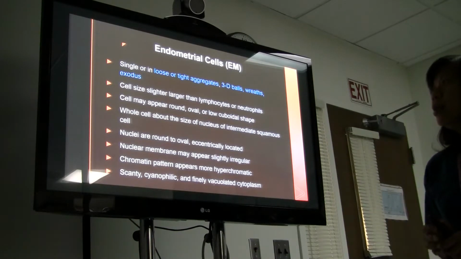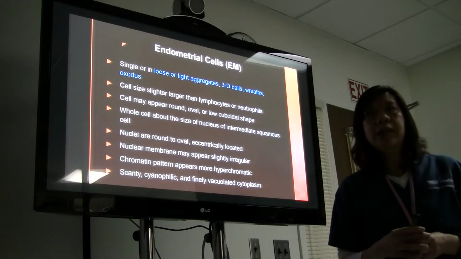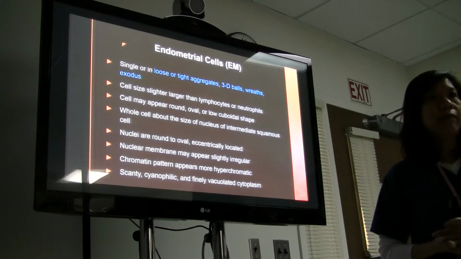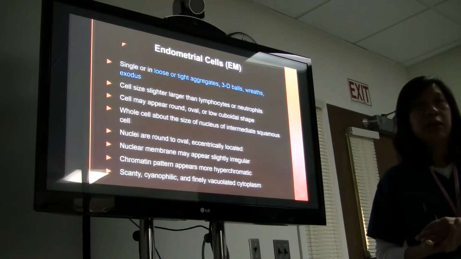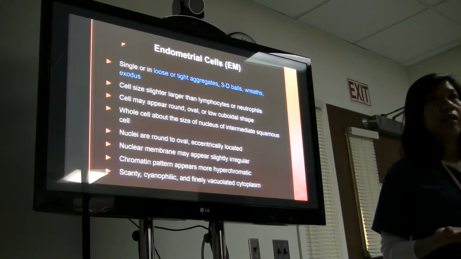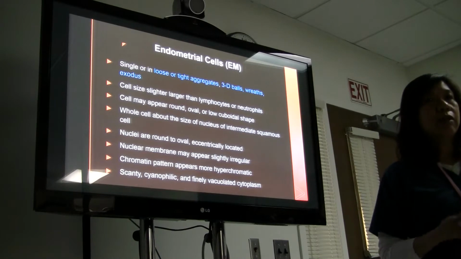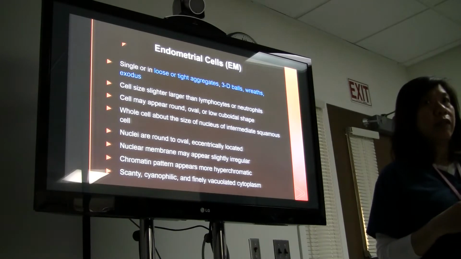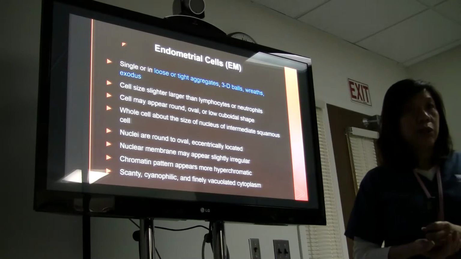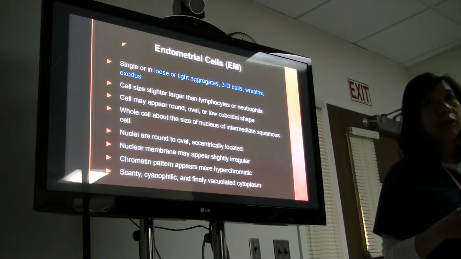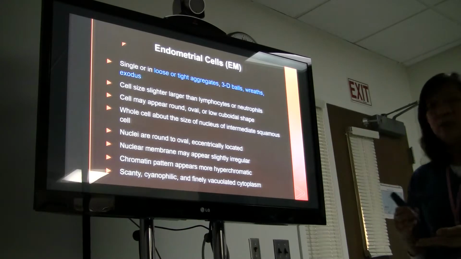So that's why sometimes on the report we will say endometrial cells present out of cycle, because we know that the patient's last menstrual period was 5 days ago. So that's normal to see, but if it was 15 days ago, during ovulation, you would not expect to see endometrial cells. If there are endometrial cells present, it could be a disease process.